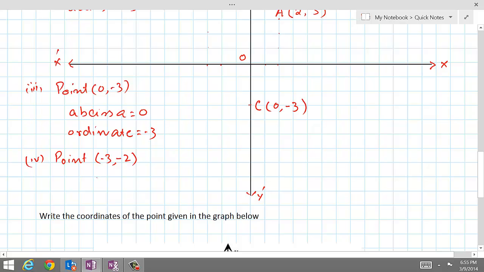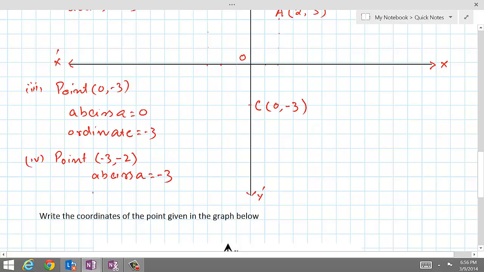So what is the abscissa? The abscissa is -3. That tells us left or right. Because the sign is negative, we're going to make movement toward the left. -3. So -1, -2, -3.